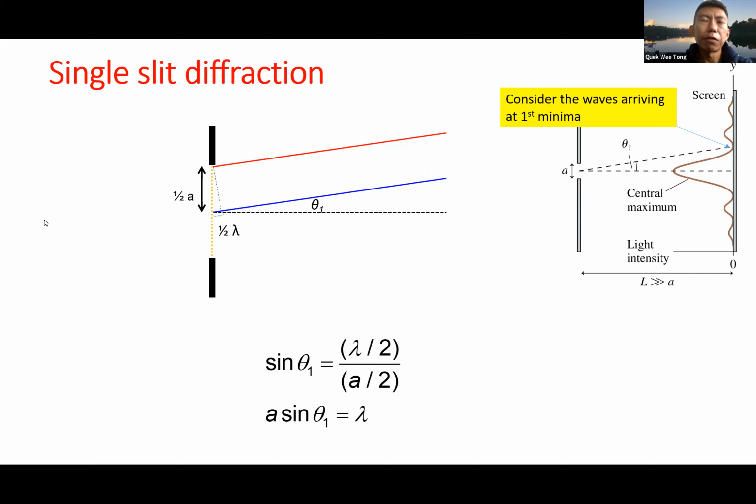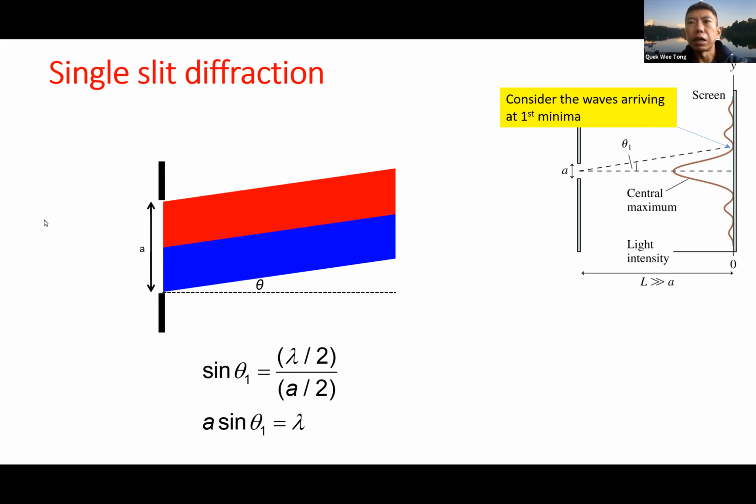The bottom half looks like one giant source. They will always find someone on the top half at loggerheads, with a path difference of half lambda. So they will cancel out each other. The net result is that when the wave arrives there, you have zero intensity, because all the tiny wave contributions from the bottom half and top half cancel each other.